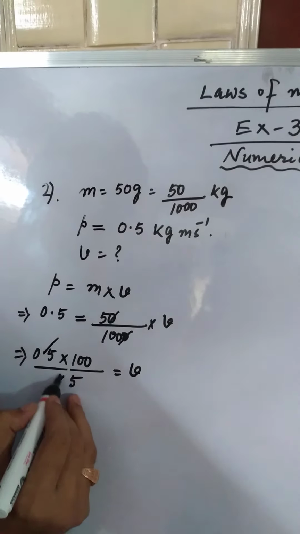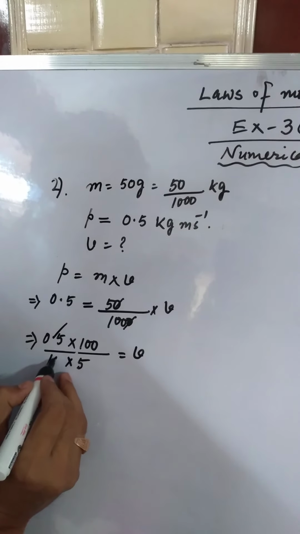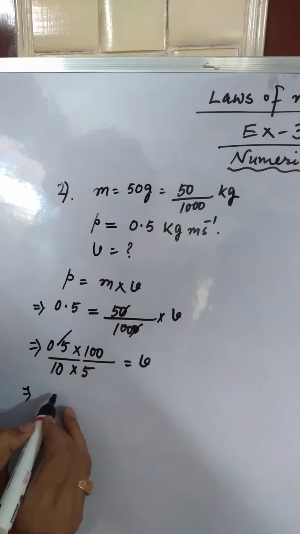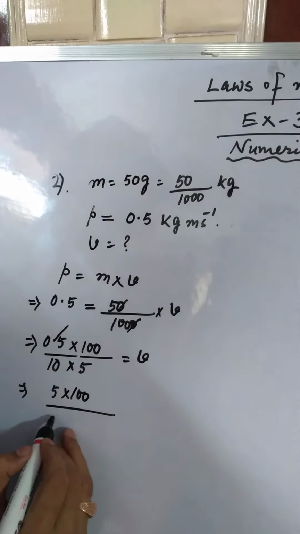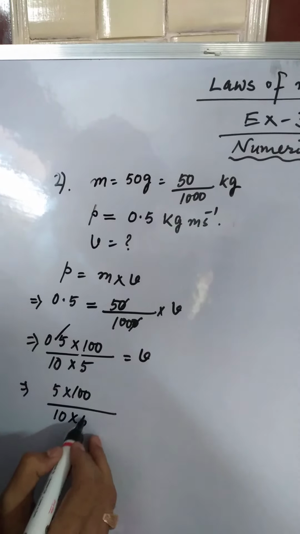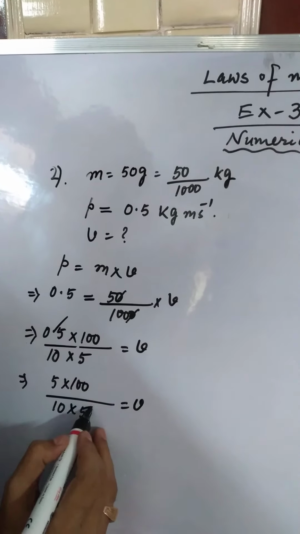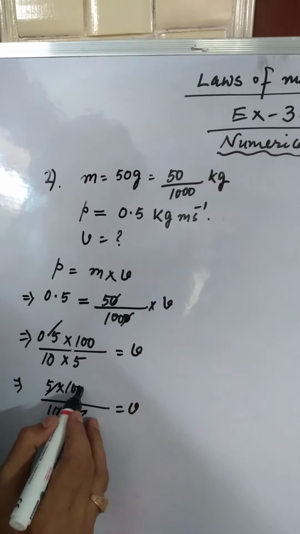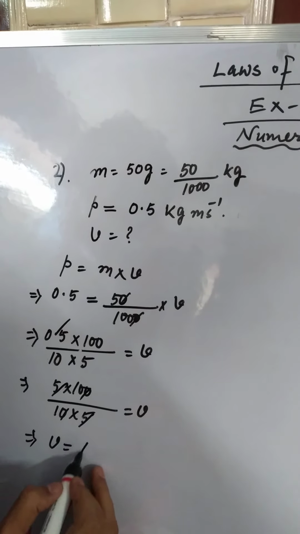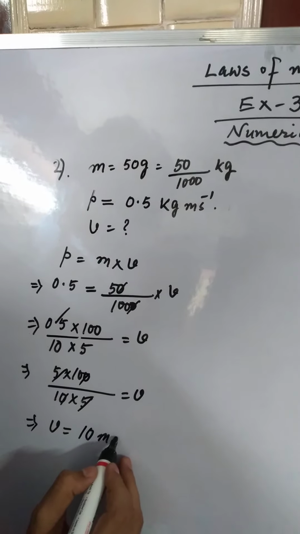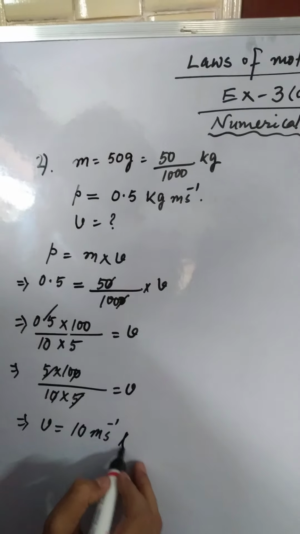Remove the bracket, remove the decimal point. So it comes 5 into 1000 by 10 into 50 equal to v. So the required velocity is 10 meter per second. Here it is, the velocity is 10 meter per second.